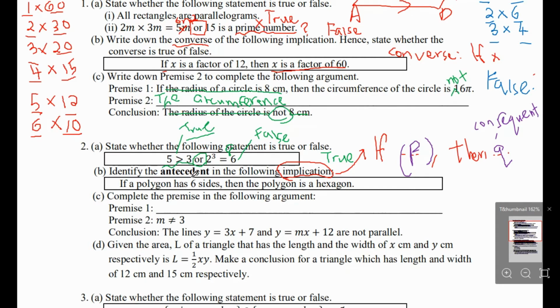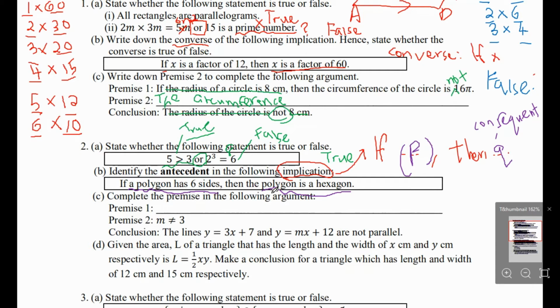That means P happens first, then followed by Q. So what is the antecedent for this implication? So the antecedent is P here, after if. So if a polygon has 6 sides, okay, so this is the antecedent. Polygon has 6 sides. This is the antecedent. And the polygon is a hexagon. This is the consequent. See?